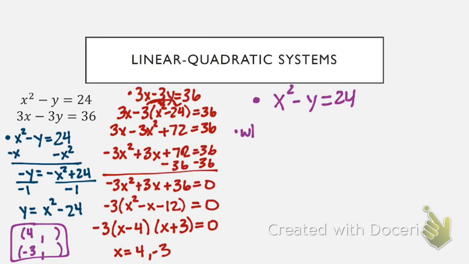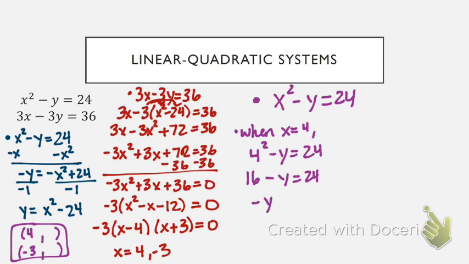So I'm going to have two different things. When x equals 4, it's 4 squared minus y equals 24. So 16 minus y equals 24. So negative y equals 8. So y equals negative 8. So when x equals 4, y equals negative 8.